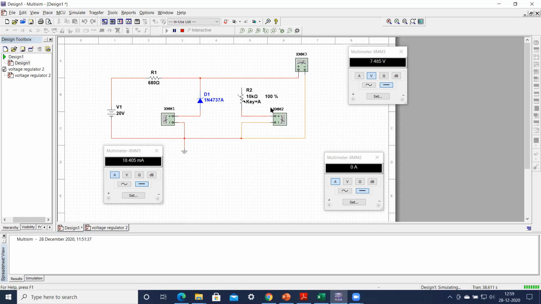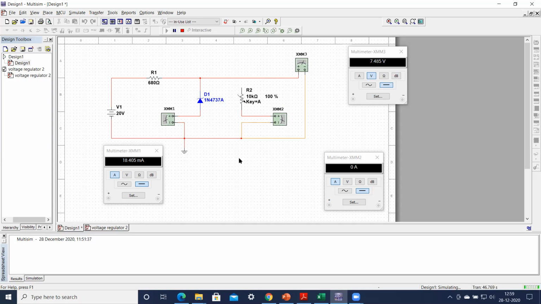So the total resistance offered by this parallel combination will be smaller. Similarly, when 5 loads are connected, the total resistance of these resistances connected in parallel will be very small, and at that time it will draw the maximum current. So try to understand this concept.